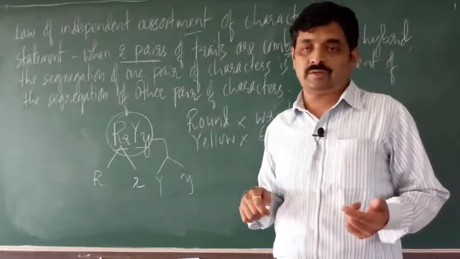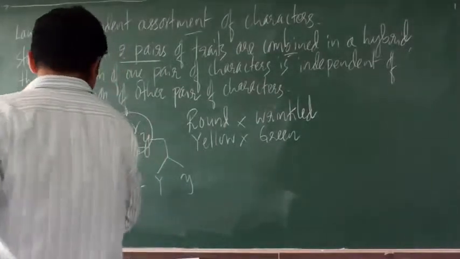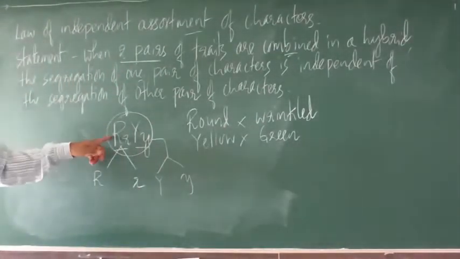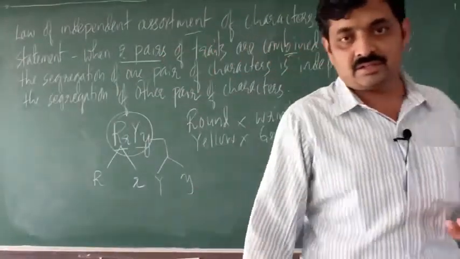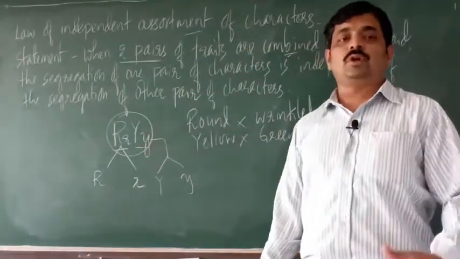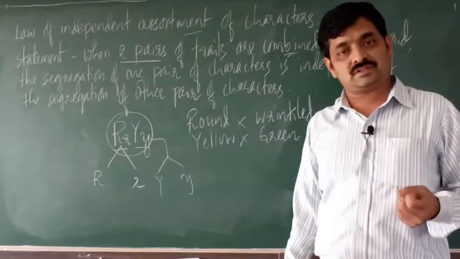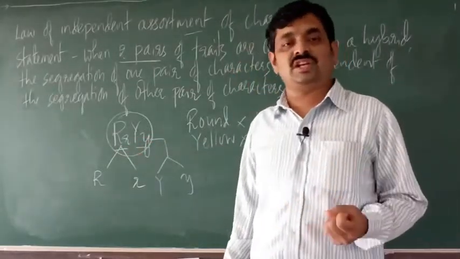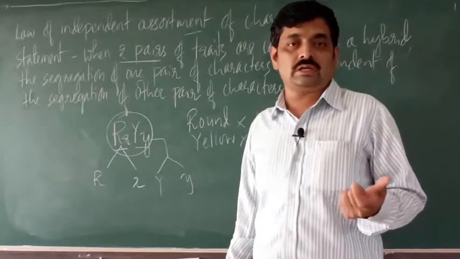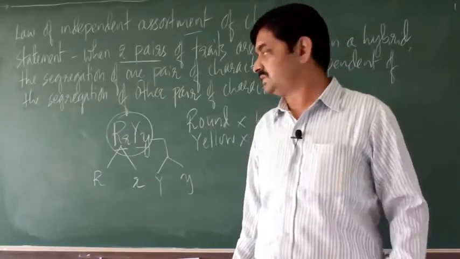Now in this hybrid, capital R is a dominant gene which is responsible for the round shape of seeds. Small r is the recessive gene which is responsible for the wrinkled shape of seeds.